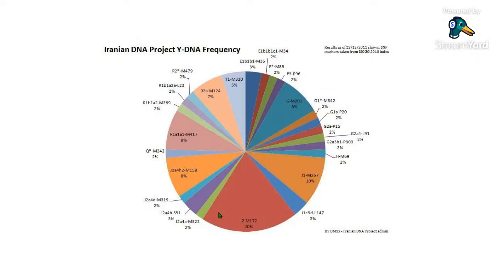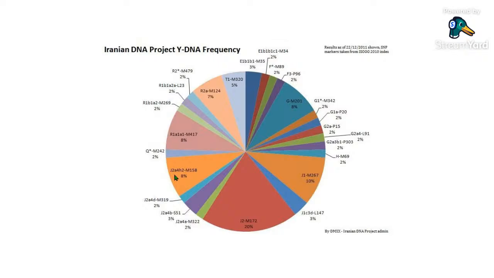And then when we look closely at this J2 paternal lineage, there are other subgroups of J2 here, which is the reason why I'm showing this pie chart here.